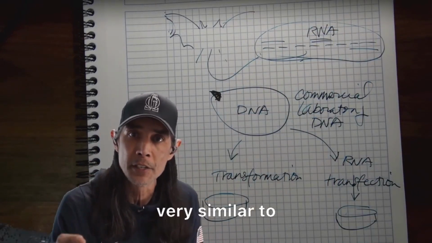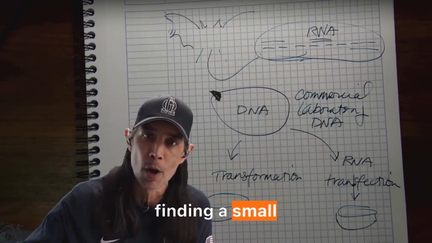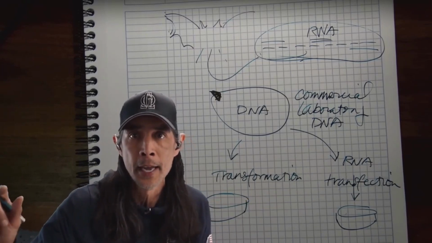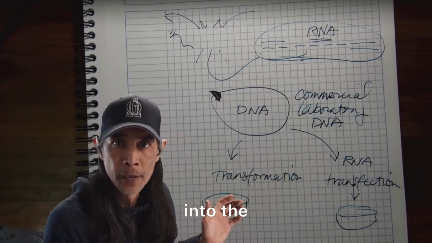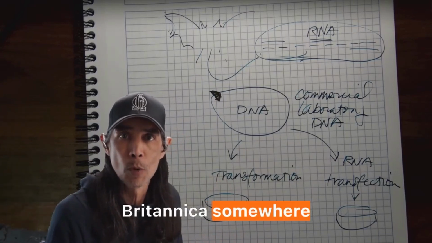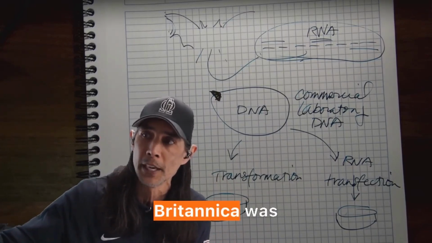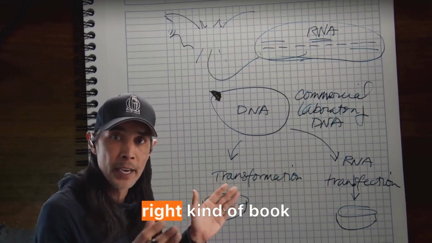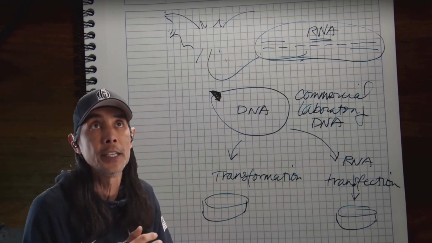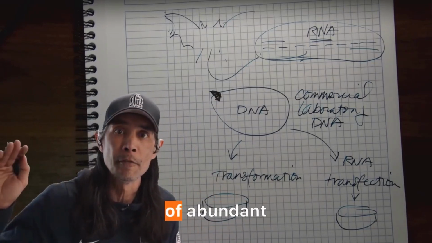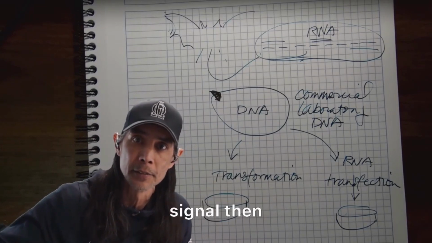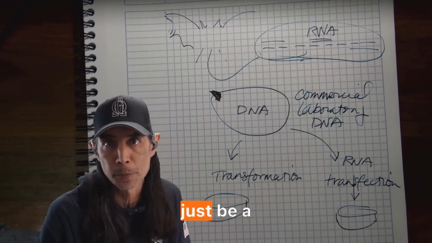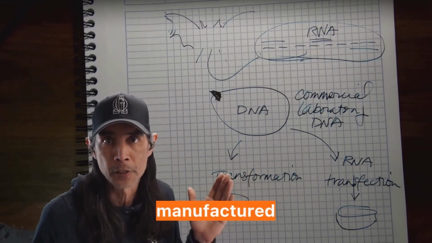It would be very similar to finding a small scrap of a book outside, and if it fits into the Encyclopedia Britannica somewhere, then you say that the Encyclopedia Britannica was in your backyard. And if you choose the right kind of book, or you choose the right kind of abundant background signal, then making that claim could just be a wholly manufactured lie.